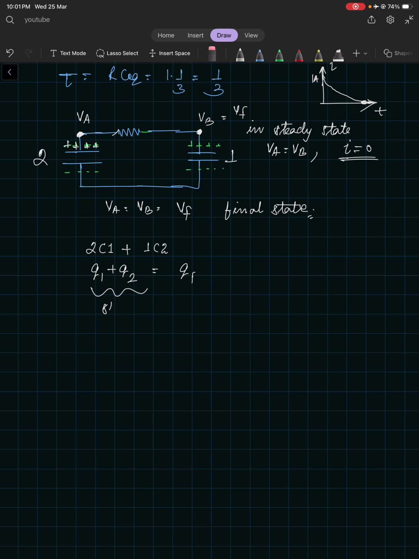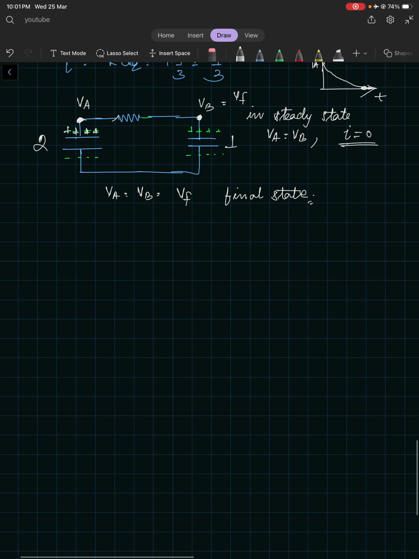What I'm trying to write is this: the charge present initially is not going anywhere, it will simply redistribute. So the charge at t equal to 0 plus will be equal to the charge in the system at t equal to infinity, the steady state.